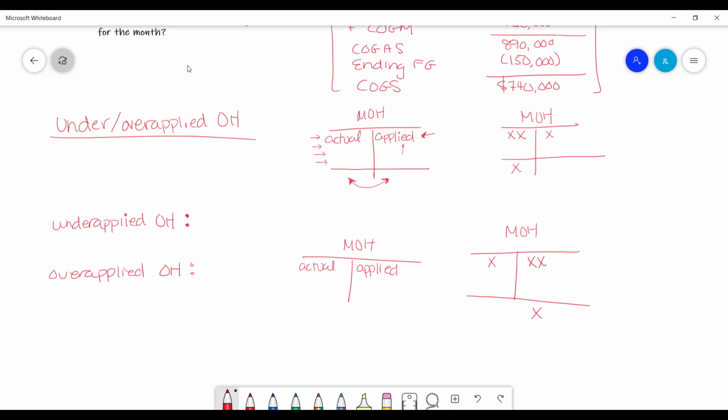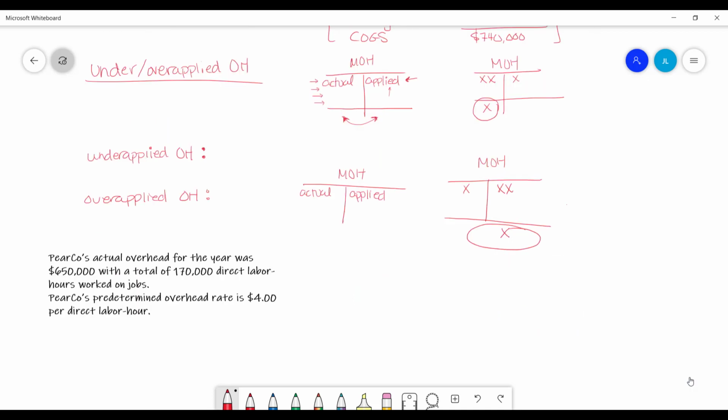It'll be on the credit side instead. So overapplied overhead results in a credit balance in the manufacturing overhead account, whereas underapplied overhead results in a debit balance in the manufacturing overhead account. Overapplied overhead again results when the amount of overhead you apply using the POR is more than what you actually incurred. Okay, so we'll look at an example here.